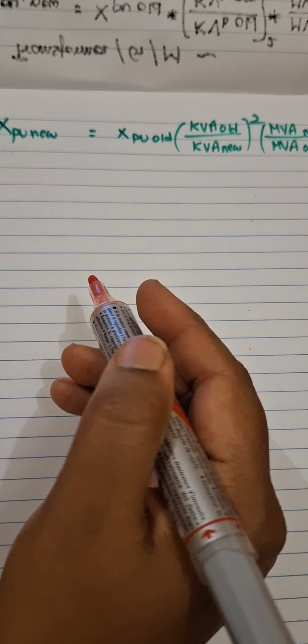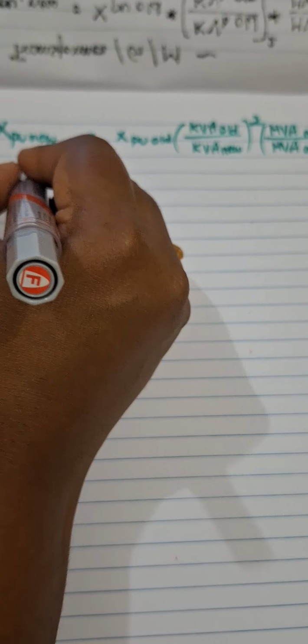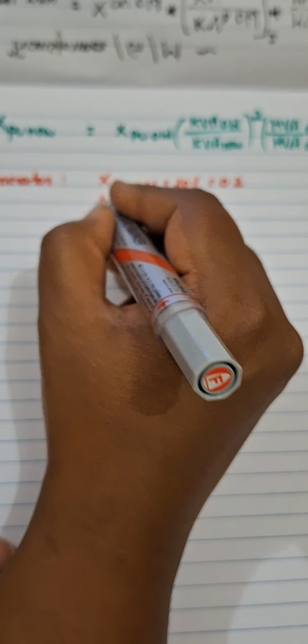According to the given question, the generator values are given as X pu old equal to 20%. We actually take 0.2 as the value, since it is given in percentage.